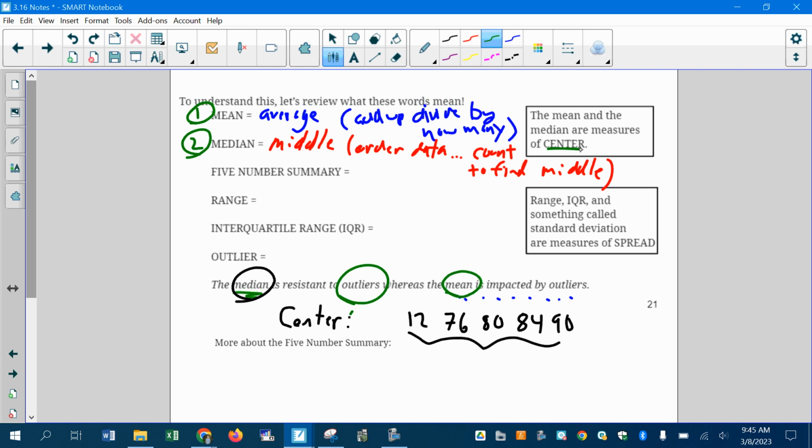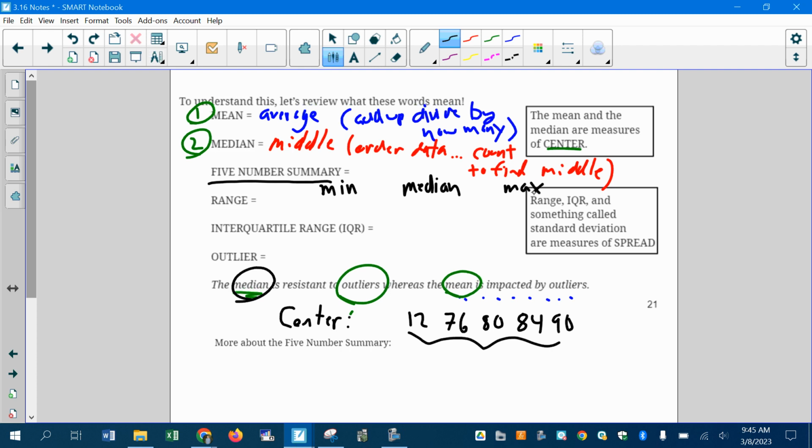If we have a data set, the other thing they'll ask you to find a lot is something called the 5-number summary. And I'll do an example of this with you guys. But the 5-number summary is the median. That's the one that goes in the middle. The lowest number is called the minimum. So you're going to look at your data set, you're going to find the minimum, the median, and the maximum.